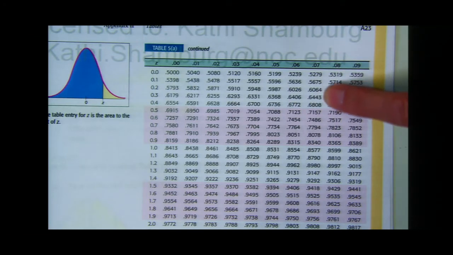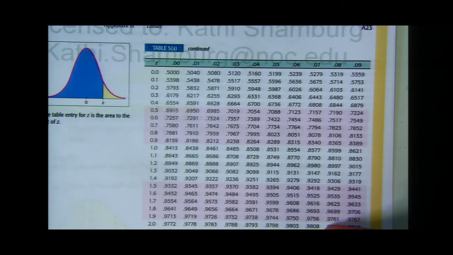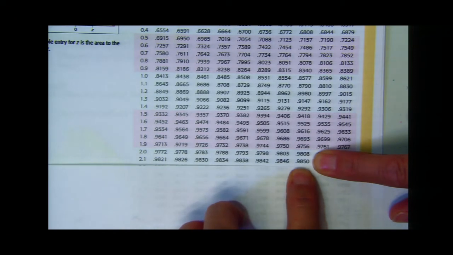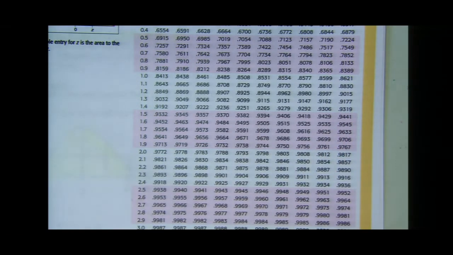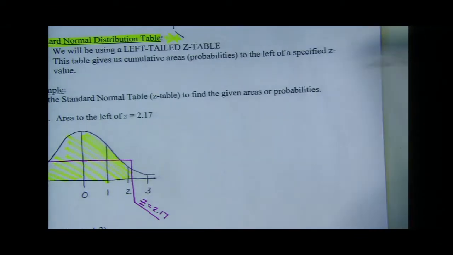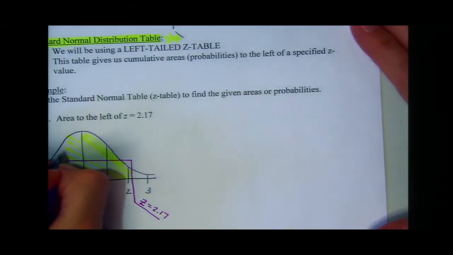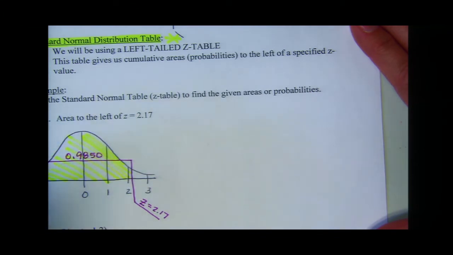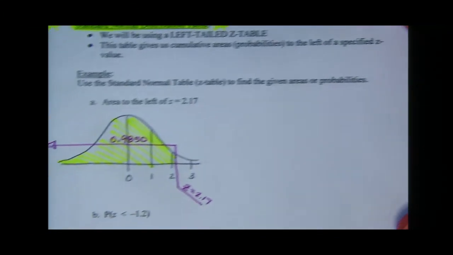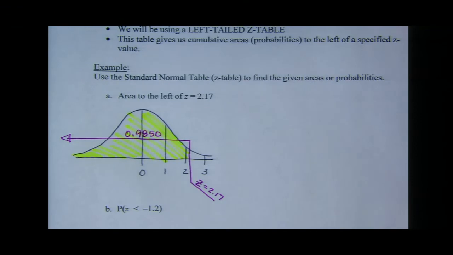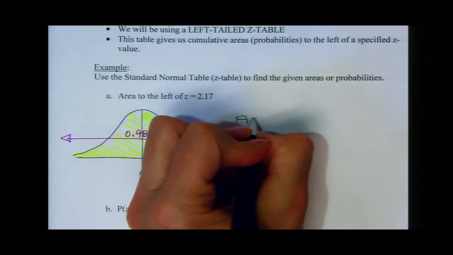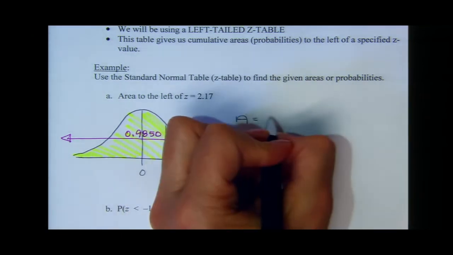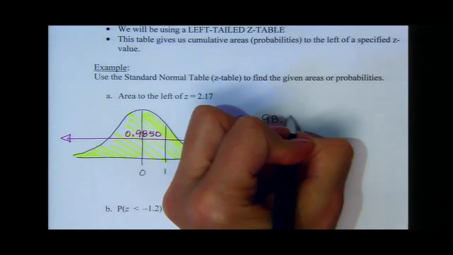So I'm going to come down. It gives me 0.9850. So this area is 0.9850. Now, since it did ask for area, I'm going to give that as a percentage. So I move my decimal point 2 places. It would be 98.5%.